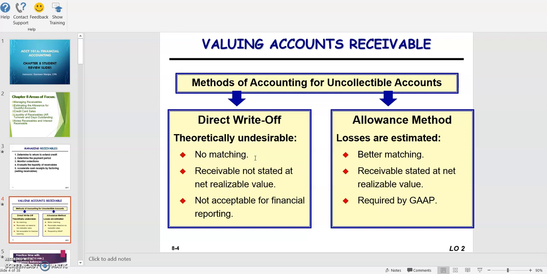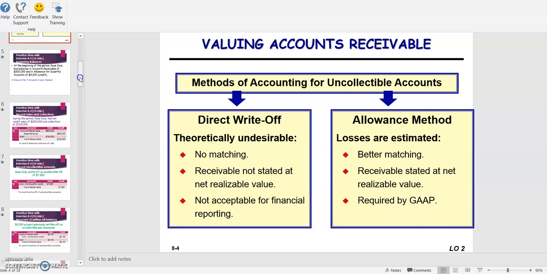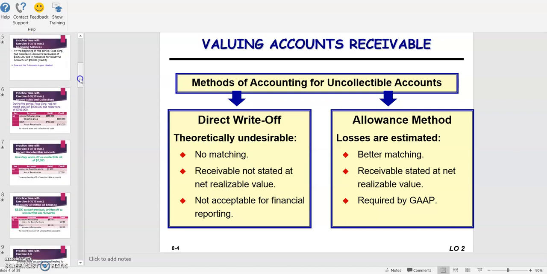And then your accounts receivable balance on the balance sheet assumes that you're going to receive all the money from your customer every single time, which we know is not realistic in most cases. And the direct write-off method is not acceptable for financial reporting. So my recommendation is just to focus on learning the allowance method because that's the method that is required for financial accounting.